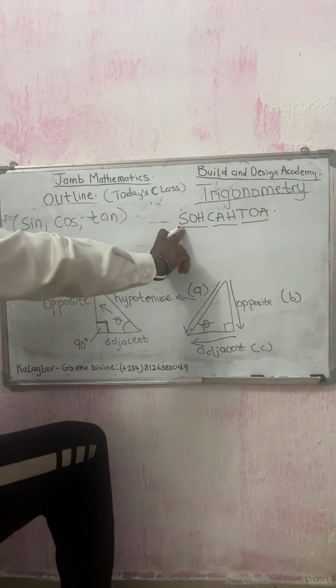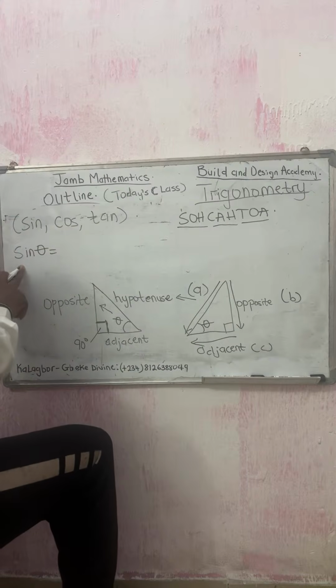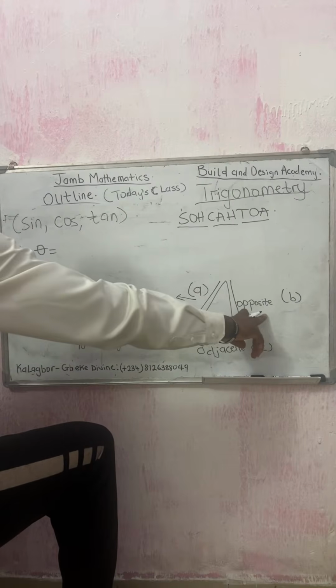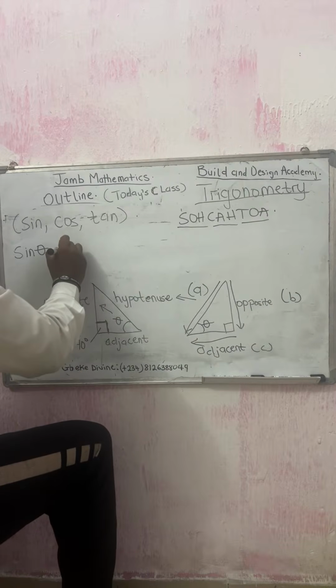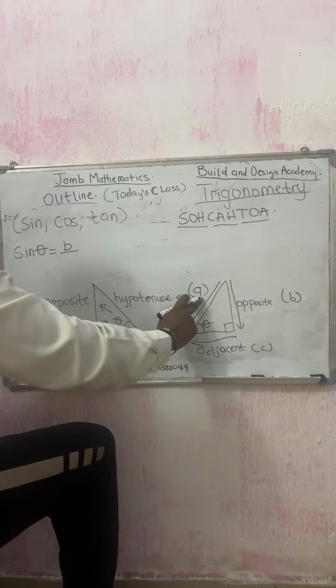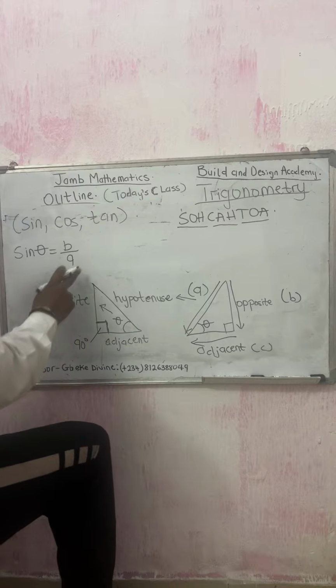So for SOH, we use it to get sine theta. Our opposite is B and our hypotenuse is A, so sin theta will be B over A.